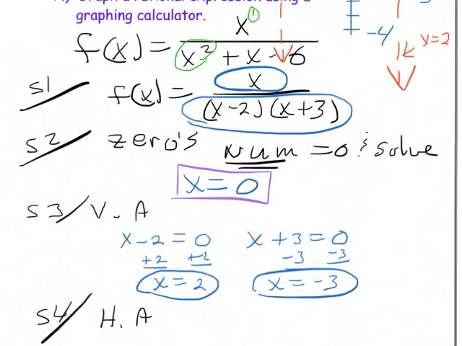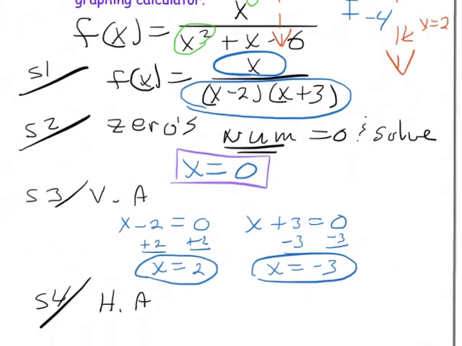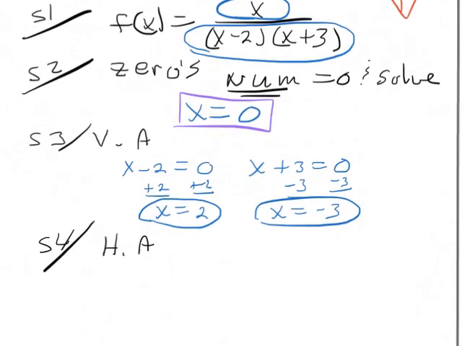So I see that this numerator has a degree of 1 and this denominator has a degree of 2. That means my horizontal asymptote is going to be y equals 0. So let me write that down here: y equals 0.